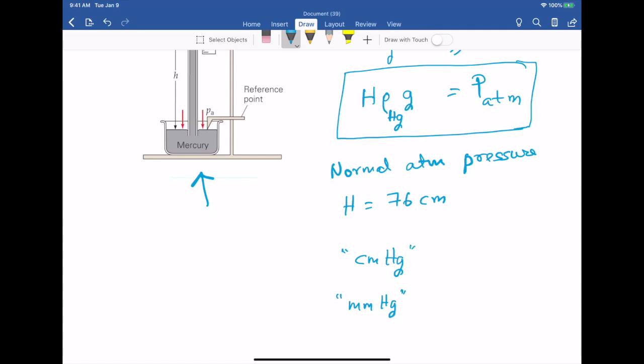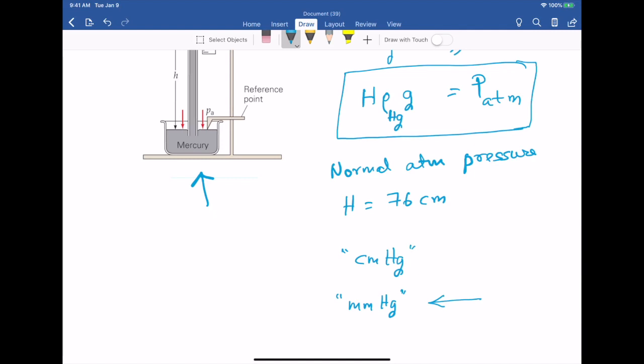The mmHg and the cmHg are small units of pressure, so they are more convenient for measuring smaller pressures. You are all familiar with mmHg. Can you think about where you've seen mmHg? Well, if you measure your blood pressure, normal blood pressure you might be familiar with is 120 over 80. What units are those numbers in? The answer is mmHg.